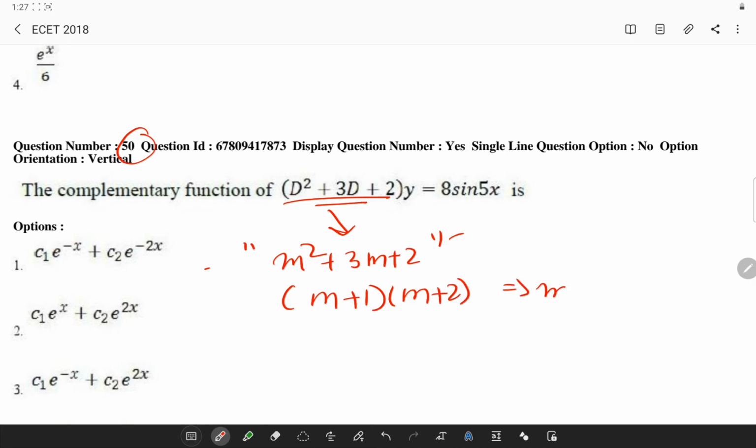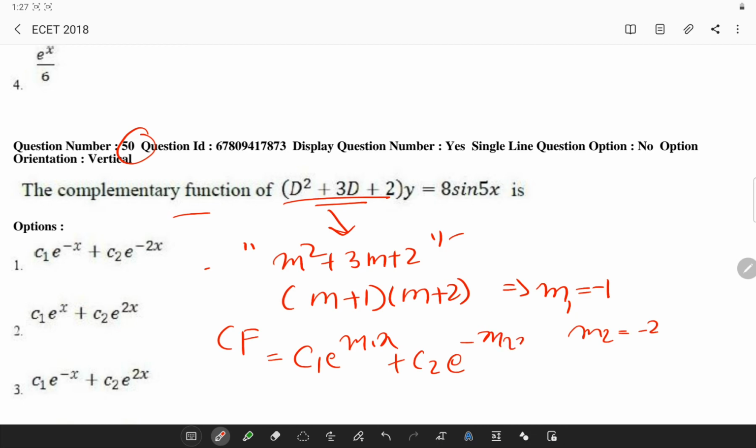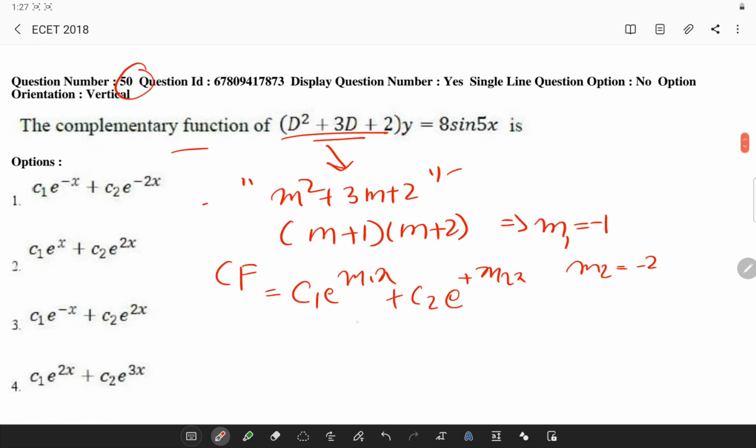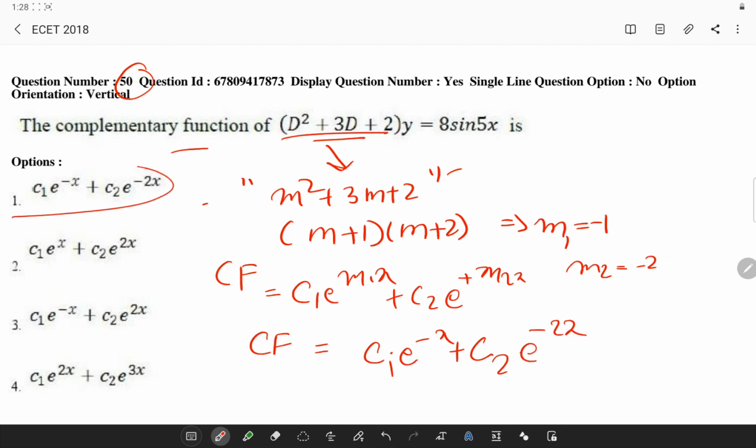So my roots are m1 = −1 and m2 = −2. So the CF will be c1 e^(−x) + c2 e^(−2x). My answer is option number 1.